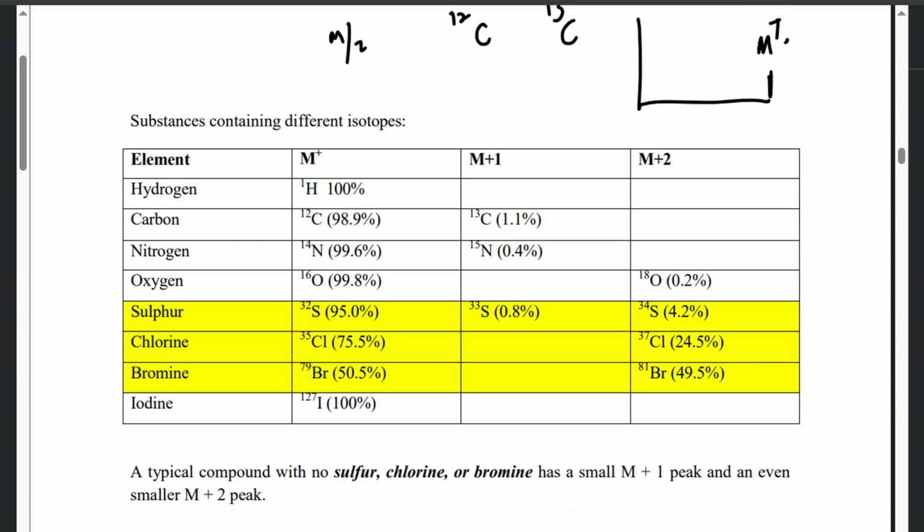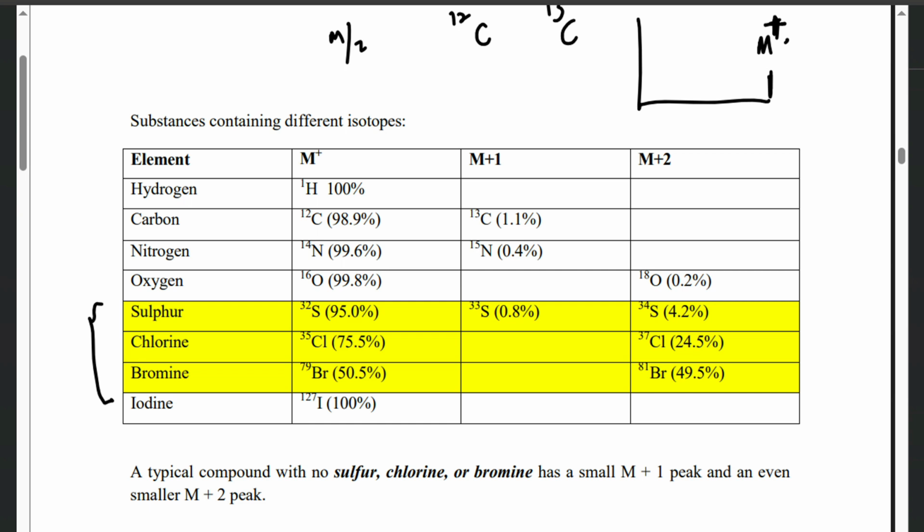So substances containing different isotopes are the major focus here. It is important to note that we have M plus, this is the molecular ion peak. So what we're trying to explain is this. Before we got to this point, we have always been examining substances that are just monoisotopic.